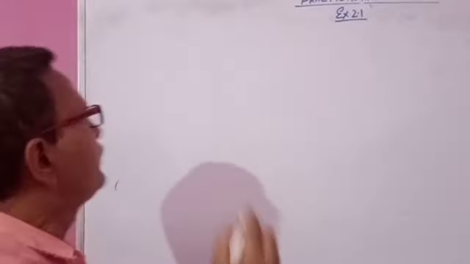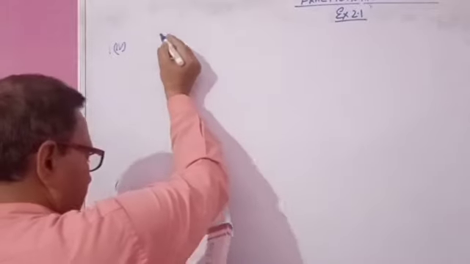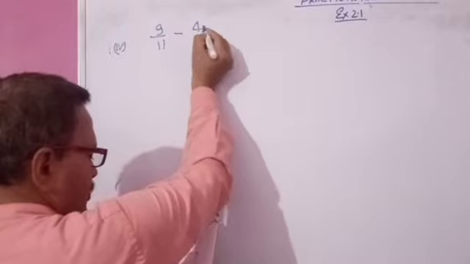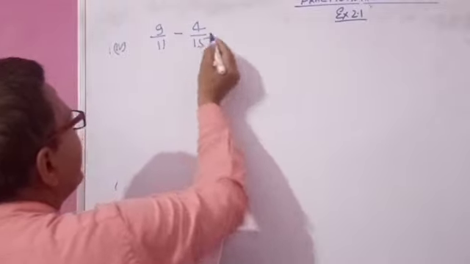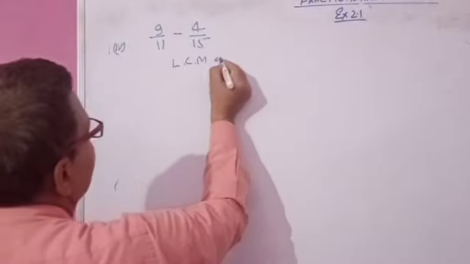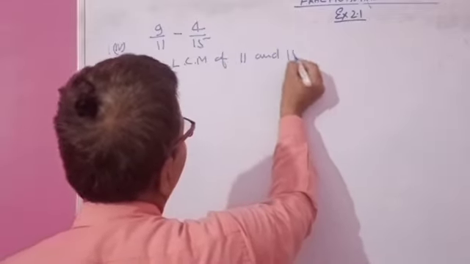Now question 1 part 4. This is 9 upon 11 minus 4 upon 15. You will take the LCM of 11 and 15.